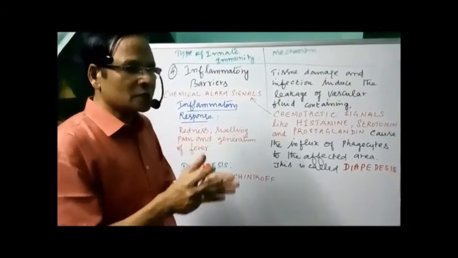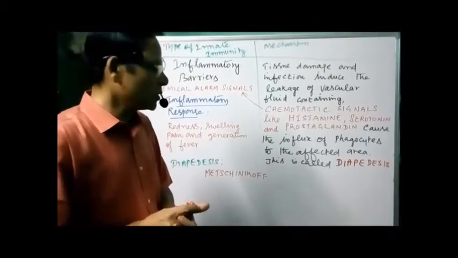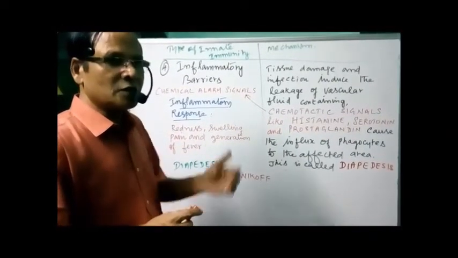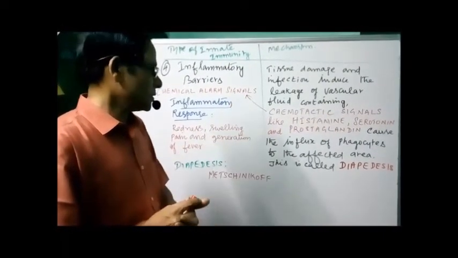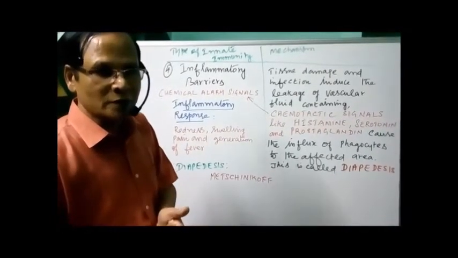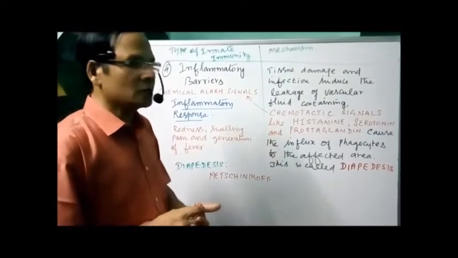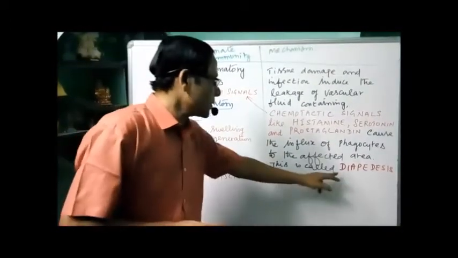So the phagocytes move towards that area because of the release of chemicals, and that results in destroying the invaded microorganism. The process of the phagocytes leaving the blood vessels to the intercellular space, or the place of leakage, is called diapedesis.